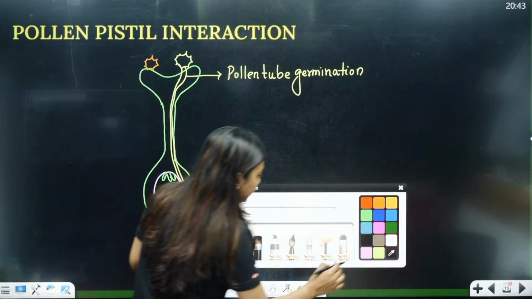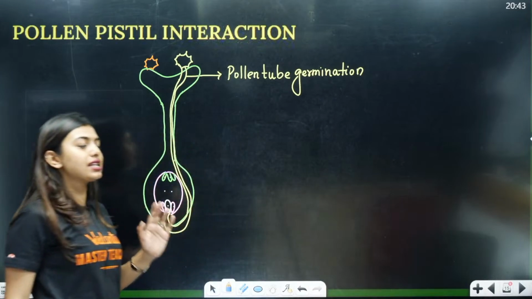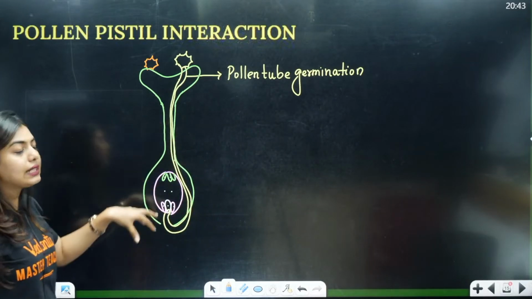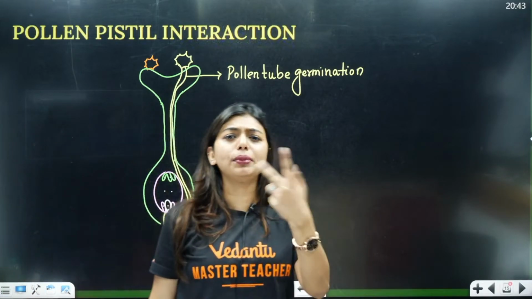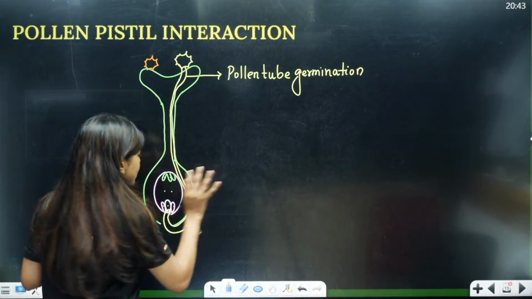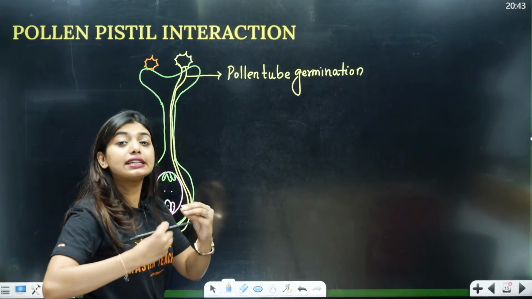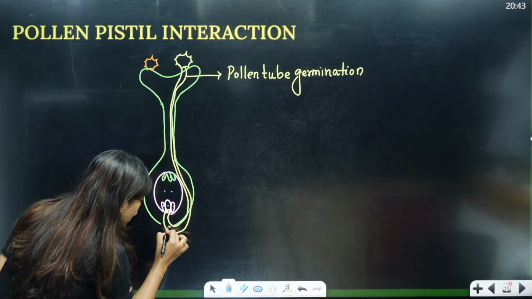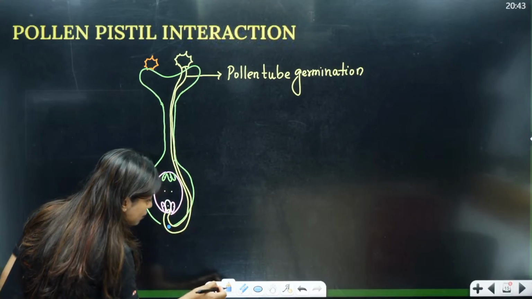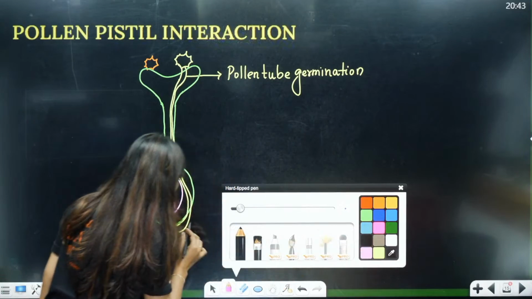Now, students, as I told you, 3-cell stage and 2-cell stage, no? By the time the pollen tube formation happened, it could be a 2-cell stage, that means one generative cell, one vegetative cell. Let's say it is a 3-cell stage. That means you have 2 male gametes. One I am drawing in blue and one I will draw with dark pink.